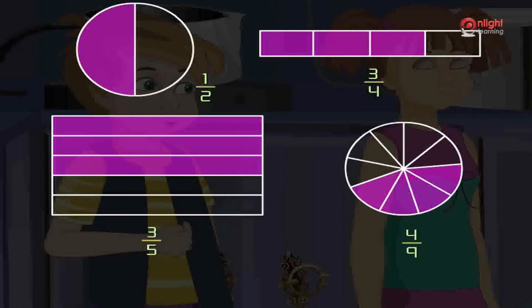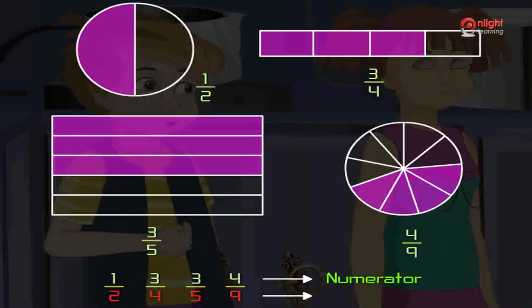In these fractions, the numbers 1, 3, 3 and 4 are known as the numerator of the fraction, and 2, 4, 5, 9 are known as the denominator of the fraction.